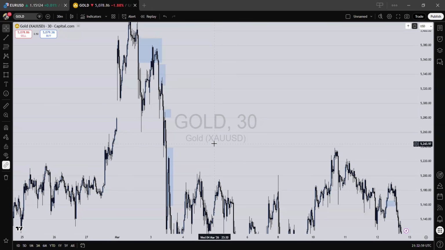It's not like some pairs that only move in New York. Gold can move in Asia and use New York to range. Gold can move in London and use Asia to range. So anything goes for gold. Gold doesn't respect anything. It just moves.